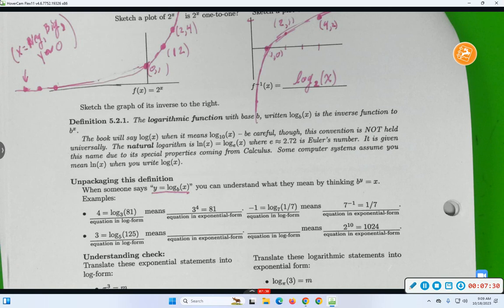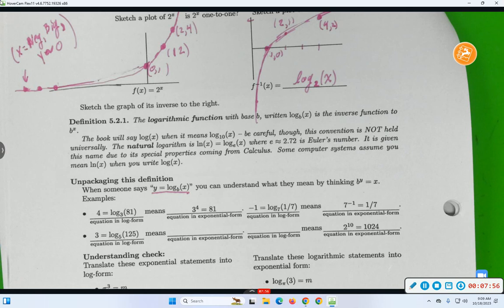So when someone says y equals log base b of x, what they really mean is x, the thing that's the input on that side becomes the output on the other side, equals b, still a base, but now it's an exponent, to the y.